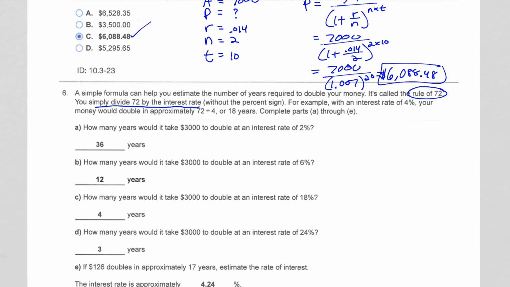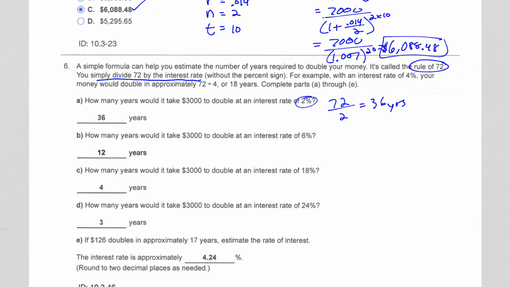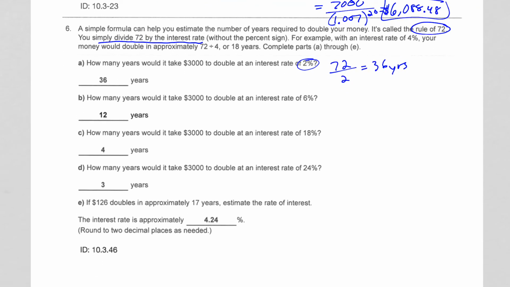So, all you need to look at is the interest rate. Take 72 divided by 2. That's 36 years. 72 divided by 6%. Just divide by 6. Don't change it to a decimal. That's going to give you 12 years.